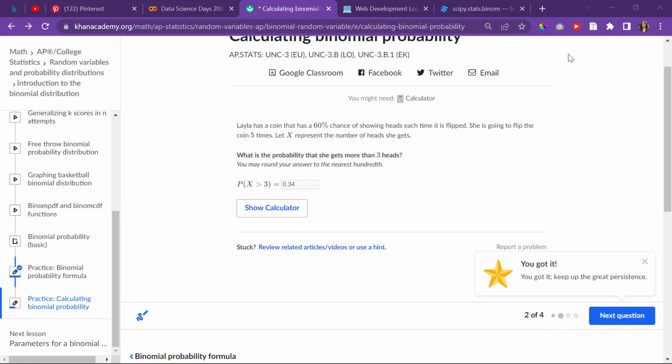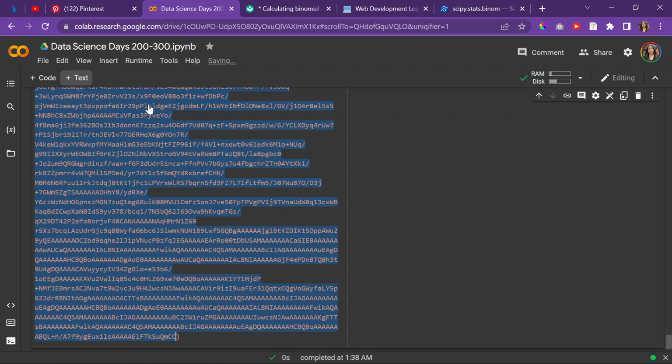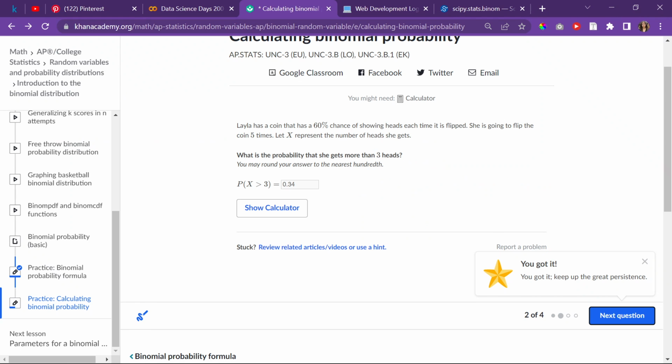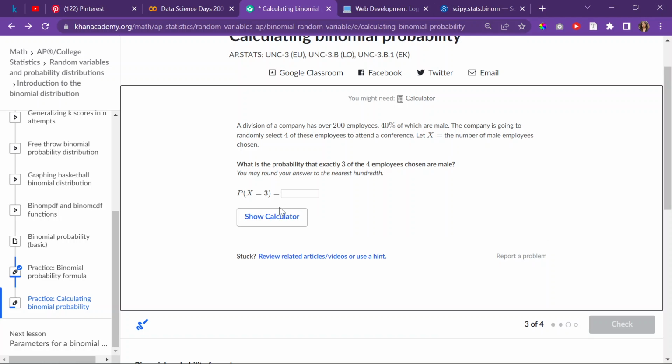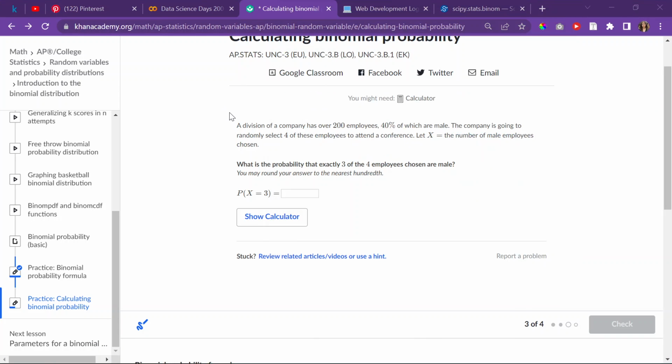Alright, I want to try some more. Let me copy this. Well, this is PMF. PMF is easy because it's just literally one number. At least this is self-explanatory. Watch me get it wrong.